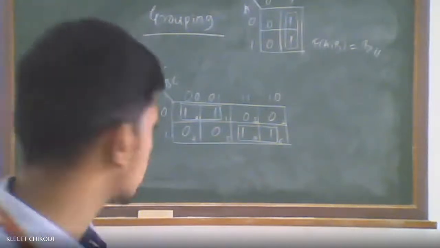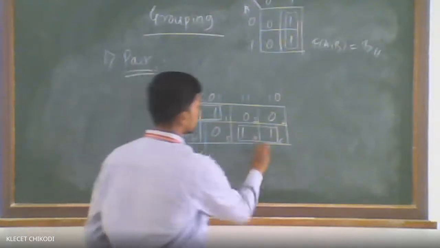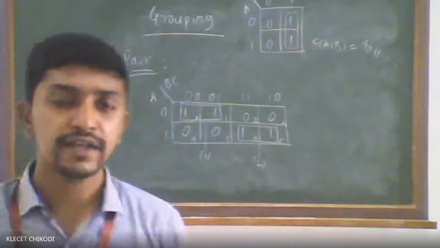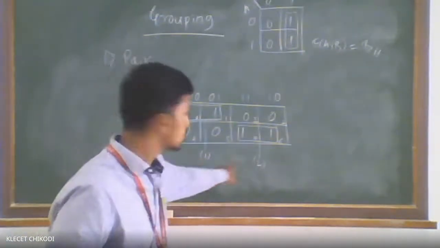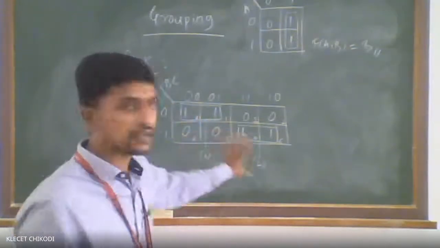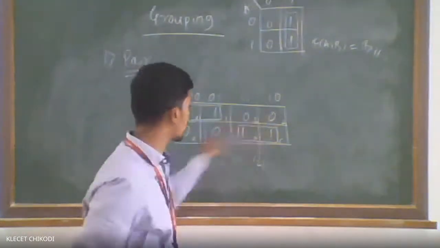What you do first, you name the pair first. For better understanding, you just name a pair. So this is the first pair, this is the second pair. Those are the only pairs I have, and I don't have any other ones available here.